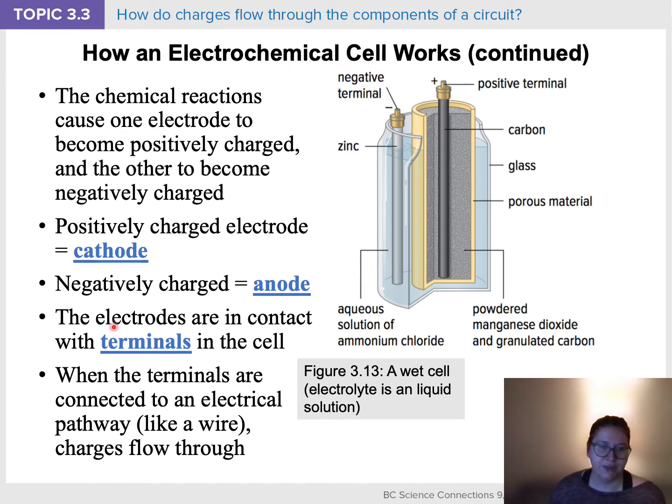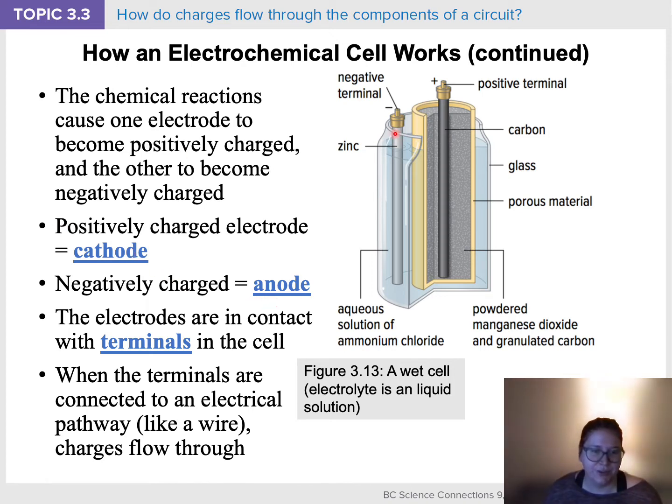I remember this has "cat" in it, cathode. I feel pretty positive about cats, so that's how I remember that positive is cathode. Might not work for you if you don't like cats. The negatively charged one, negative has an N at the beginning, and anode has an N in it. So that's how I remember that one.